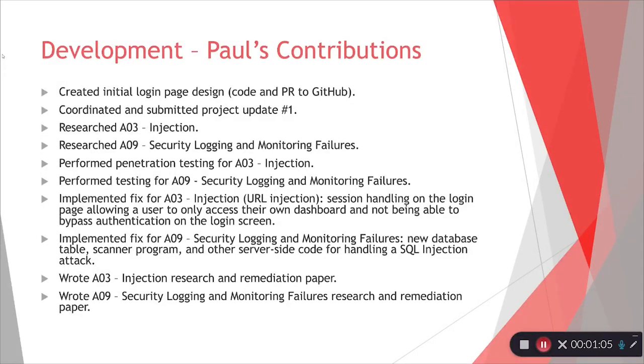One of the deliverables for my end of the project was to research and test our application against this type of attack, or in this case, more of a lack of features, and then implement some remediation, which in this case was creating database logic and server-side code to help track whenever SQL injection attacks occur against the application.